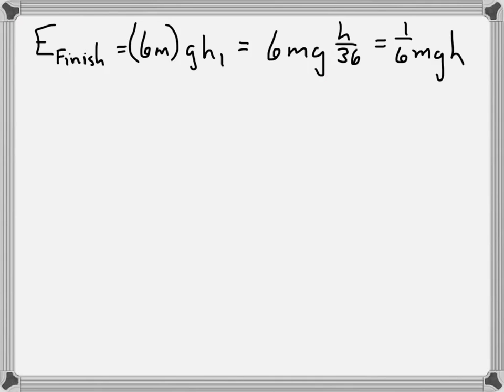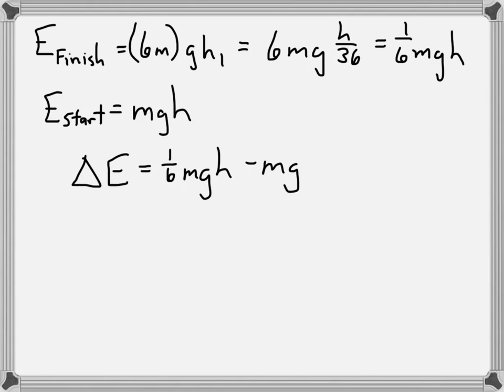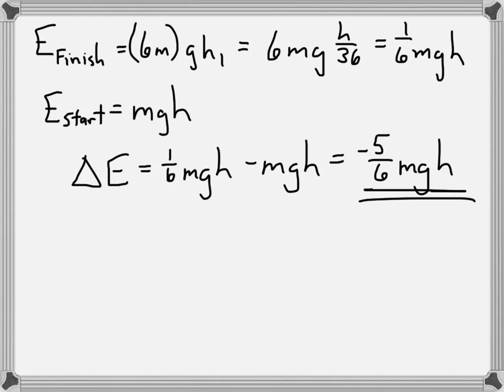And we do a little simplifying, and it turns out that the energy at the finish is 1/6 mgh. Now, the total energy we had at the very start of the process was mgh. So we take the difference of that to figure out the loss of energy, and it turns out that we lost 5/6 of our original energy. That's quite a bit. So that was part C for problem number 4.